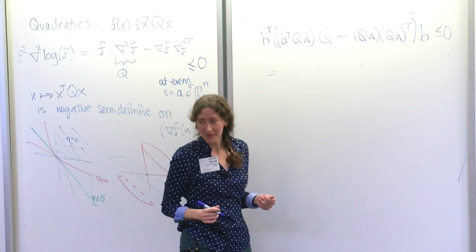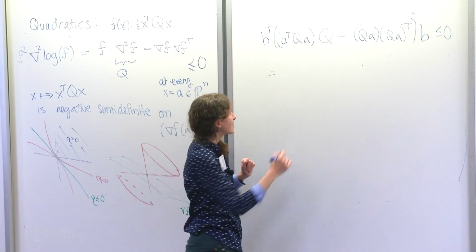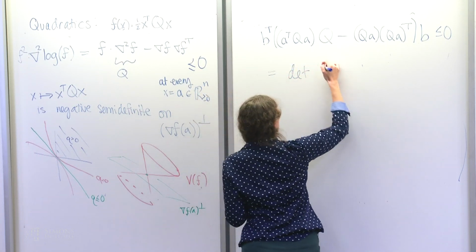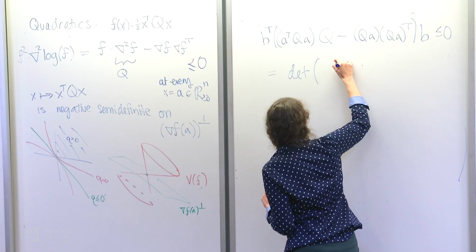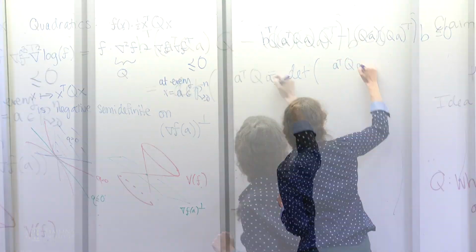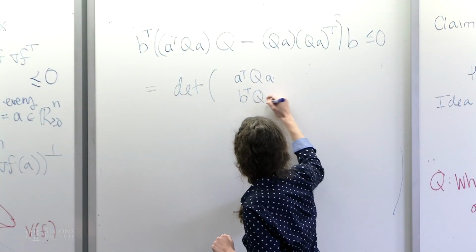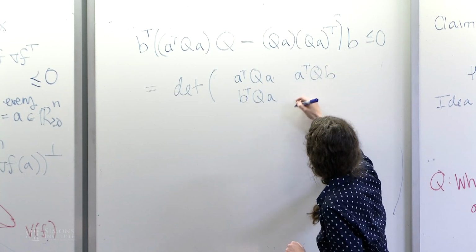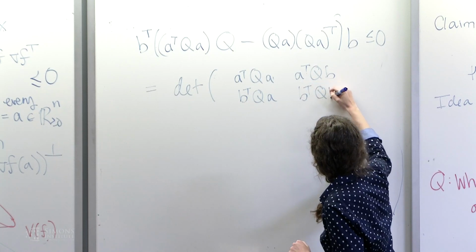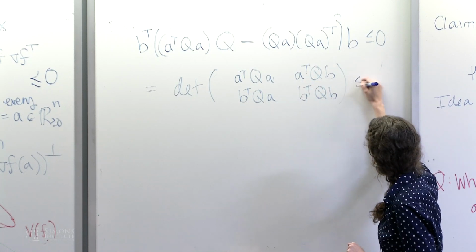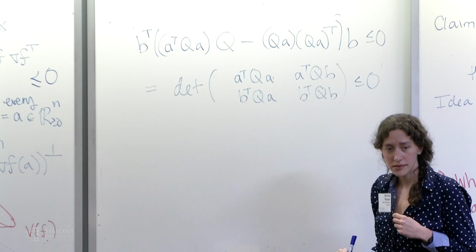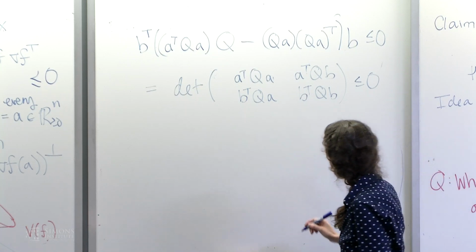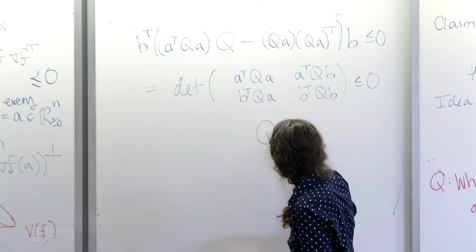One fact I really like is this is actually the determinant of this matrix. I want this always to be negative. And what is this doing to Q?